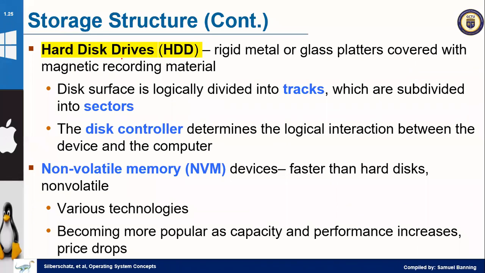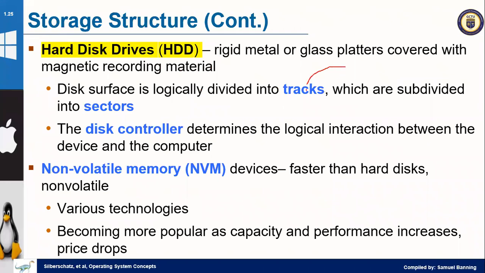Then we have the hard disk drive, the HDD. These are rigid metal or glass platters that are covered with magnetic recording material. The hard disk surface is logically divided into tracks.